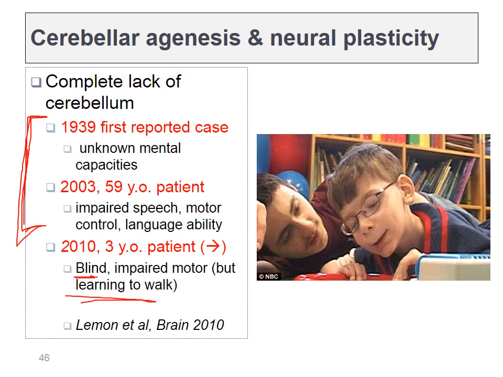This young man, because he is blind, that suggests a defect in his occipital lobe, which is present. It's his cerebellum that's absent, which may suggest that his occipital lobe is taking over for the role of the cerebellum. It's not very good at it. He is learning to walk, but will probably never walk like an average person.